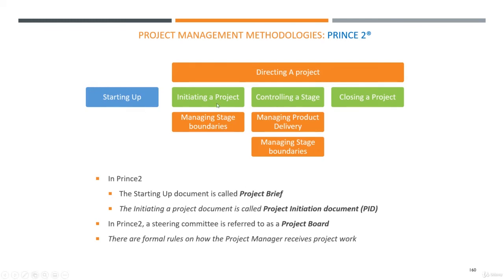And here, initiating a project document is called project initiation document, PID. So this could be confusing because in PMP we call it project management plan because it's part of the planning. But once you get over it, you realize that all those methods are pretty quite similar. Another thing of note, in Prince 2, a steering committee is referred to as a project board.